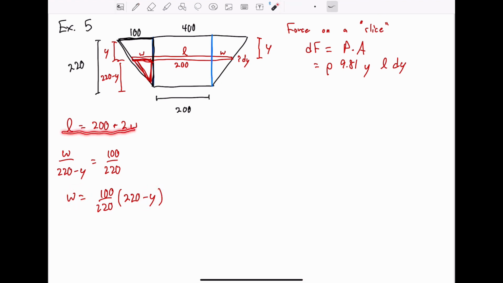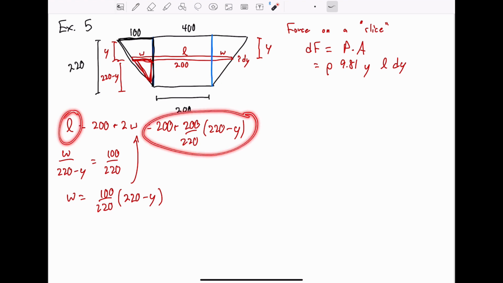Now the total length L that we're interested in, this entire length here, is 200 plus 2W. We have an expression for W in terms of y, so we'll substitute it in. So we have 200 plus, multiplying the 2 by the 100, we'll just write this as 200 over 220 times 220 minus y. So we have now written the length L in terms of our variable y.